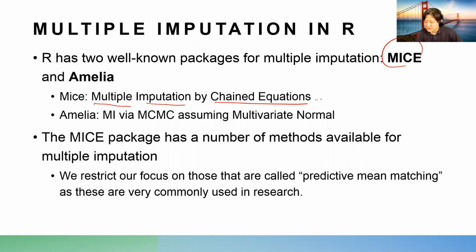The second one is the Amelia package, which uses MCMC assuming multivariate normality. In this class, I will use the mice package. There are a couple of other packages that allow you to compute multiple imputation in R, but mice is one of the most popular.